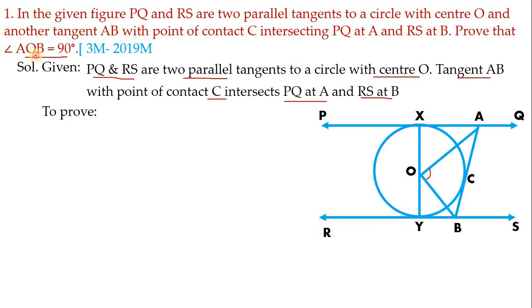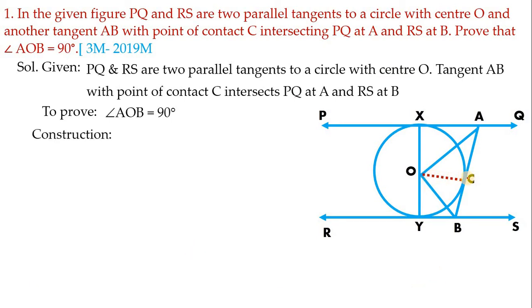They clearly said in the problem AOB equals 90 degrees. To prove this, we have to take the help of a construction, that is, look at the figure, join OC. So write up here, join OC.